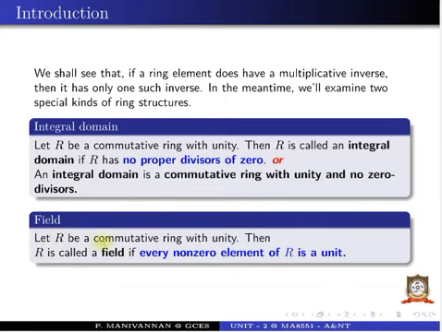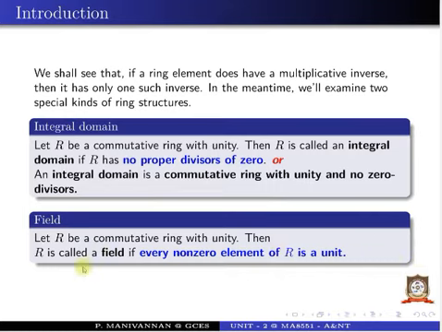Let R be a commutative ring with unity. Then R is called a field when every non-zero element of R is a unit. That means every non-zero element has its multiplicative inverse.